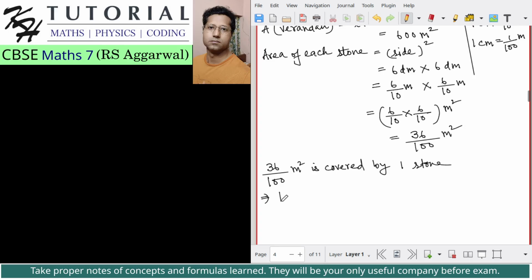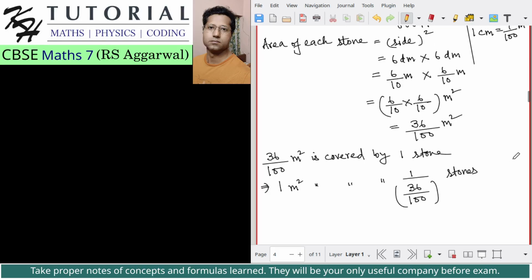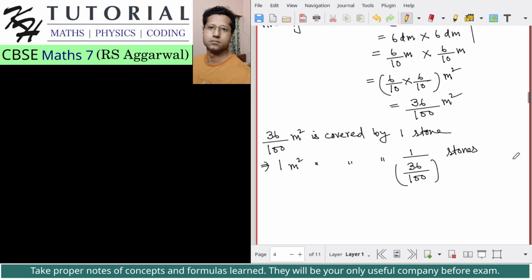This implies 1 meter square will be covered by 1 by 36 by 100 stones.